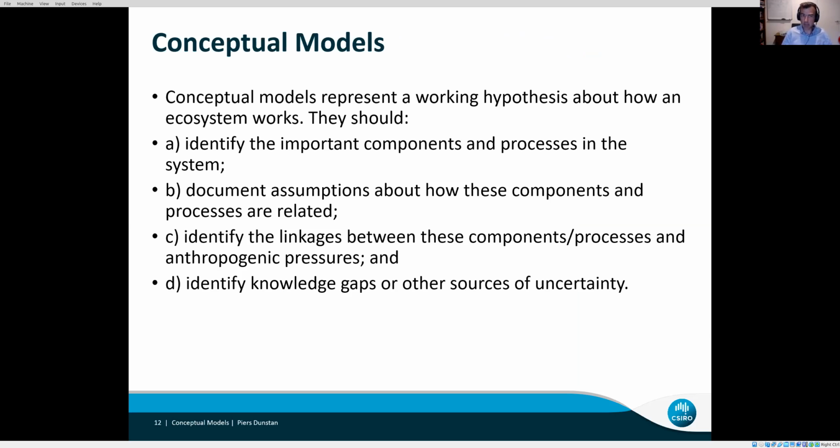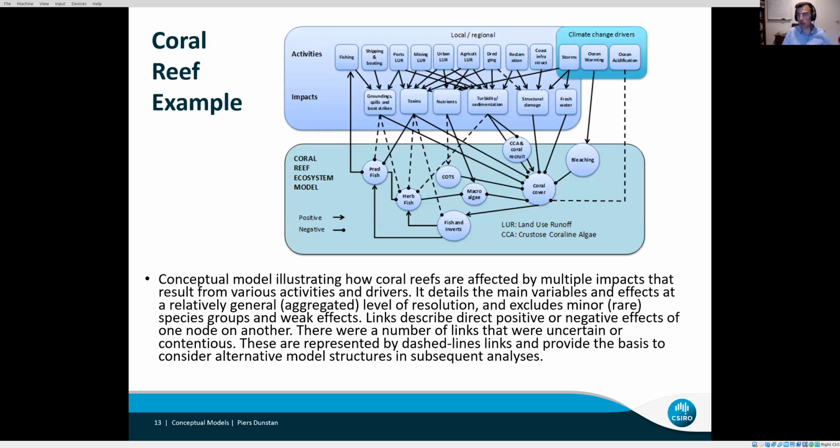They identify the components and processes within that system. They document the assumptions about how these are actually linked with each other. They identify the links between the ecosystem and anthropogenic pressures, and they also identify places where there are knowledge gaps or uncertainty. And we've used these sorts of models in a wide variety of circumstances.